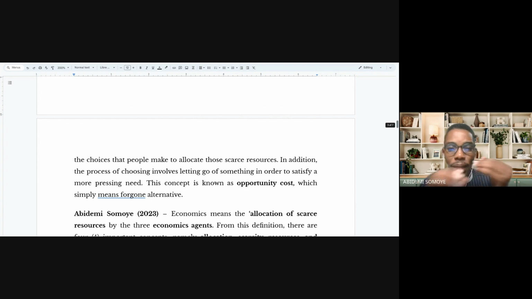All right. So, as a result of scarcity of resources, we have to arrange our needs, those things we want to buy, in order of importance.